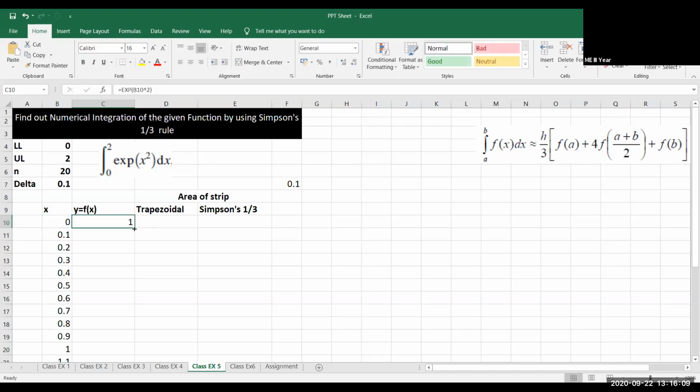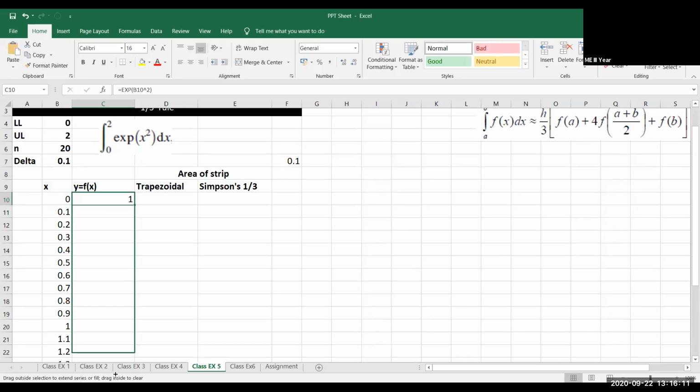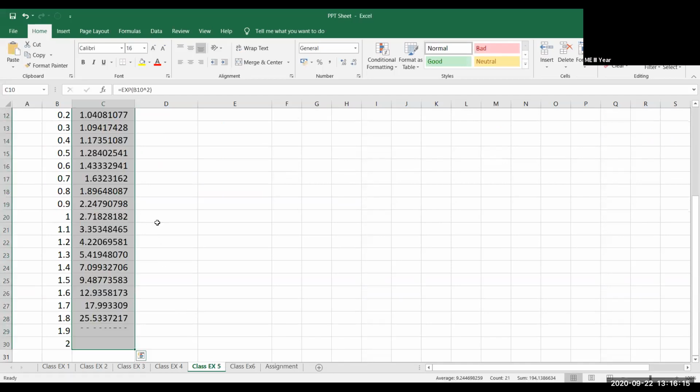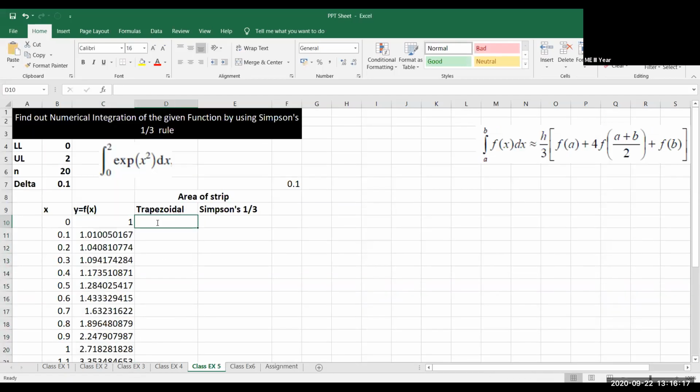Then go to the last one. Yes. Then using the trapezoidal method, you know the formula. You tell me, b minus a. This is b.